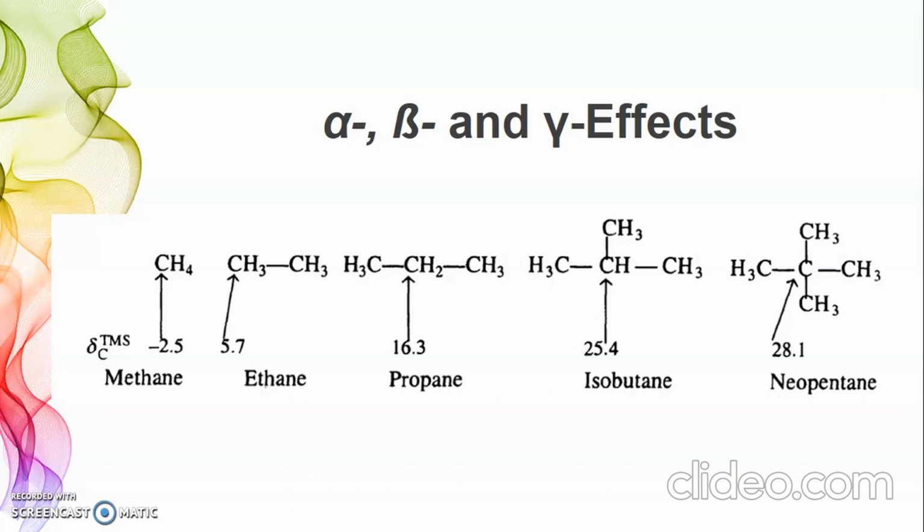This is illustrated in the figure by moving from methane to neopentane. The alpha and beta positions exhibit a deshielding effect, whereas the gamma position shows a shielding effect. That's why we are getting values from negative to higher positive. In this case, neopentane contains no hydrogen, while methane contains a higher number of hydrogens.